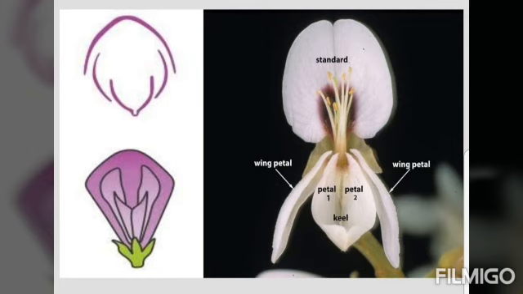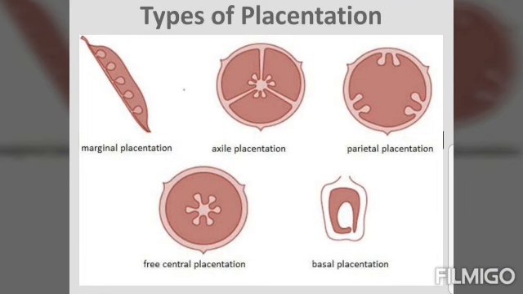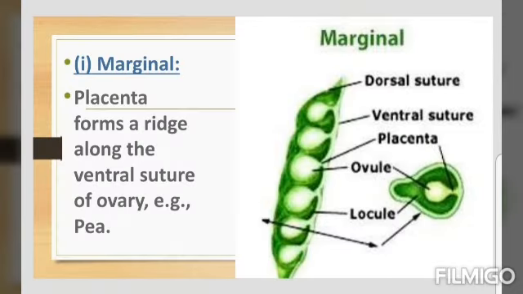This type of estivation is known as vexillary estivation. The arrangement of ovules within the ovary is known as placentation. The placentation are of different types, namely marginal, axile, parietal, basal, central, and free central.